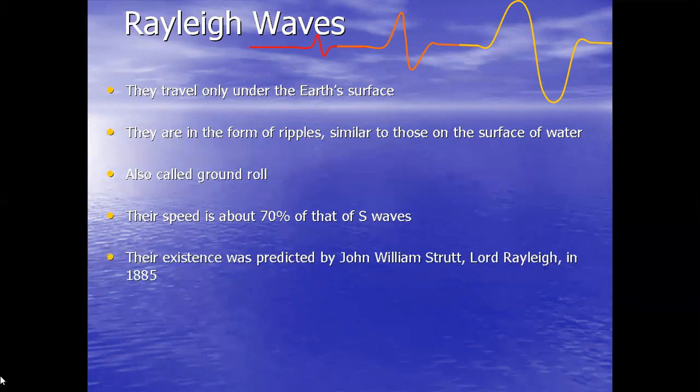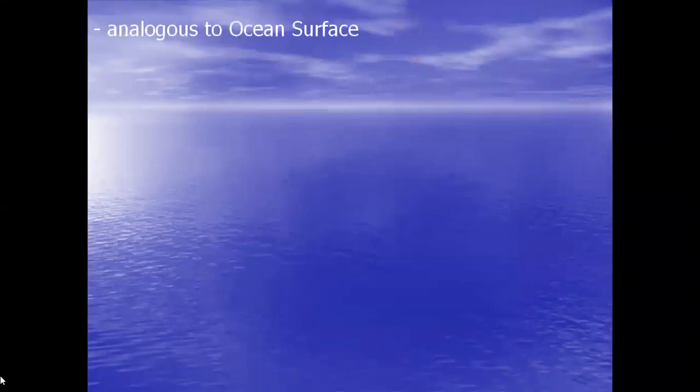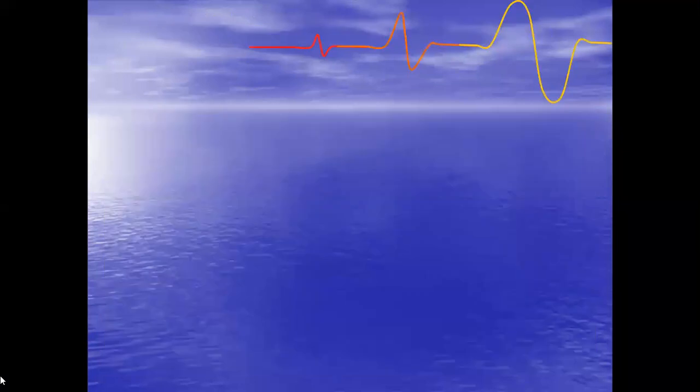These are very destructive waves, like a rolling motion of the ground. During an earthquake, these waves are responsible for destroying buildings, homes, and roads.